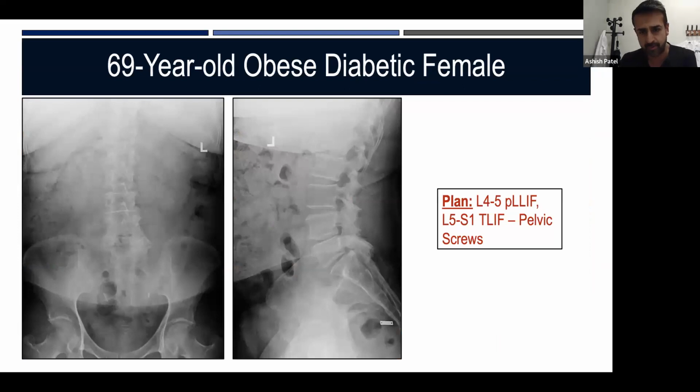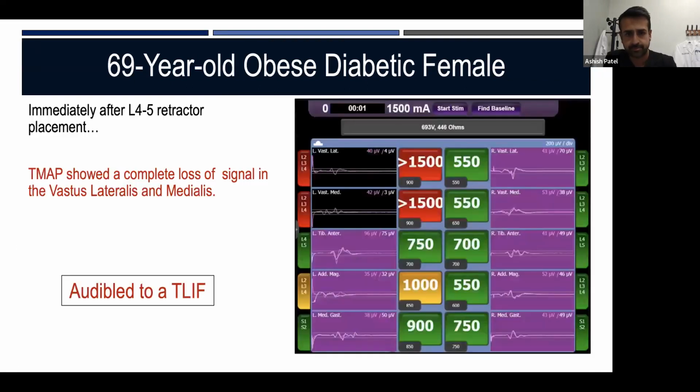Here's a case example of a patient, L4 through S1 disease, planned for L4-5 prone lateral. I placed the dilator. EMG showed I was in a safe spot. I placed the rest of the dilators and the retractor, opened it initially, and ran my TMAP as I usually do, and I lost my signals on the approach side in the vastus lateralis and the medial.